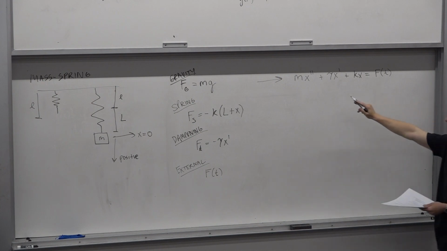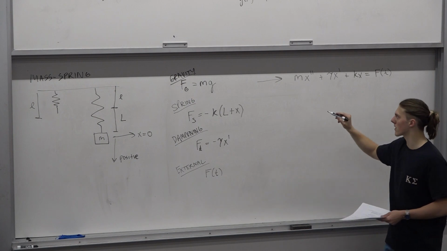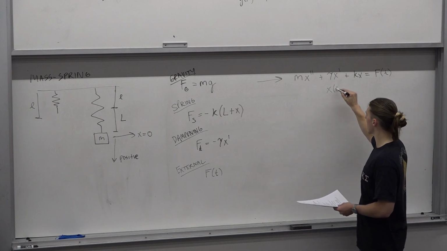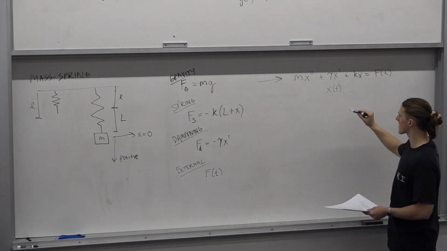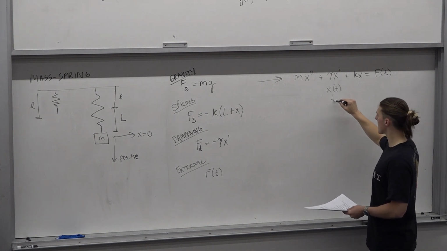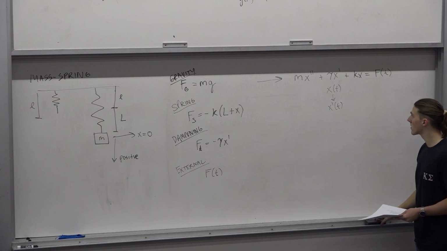Keep in mind x is displacement, so now we're not working with y of x, we're working with x of t. If you remember from physics, you have your displacement, you take the derivative, you have your velocity, and so on.